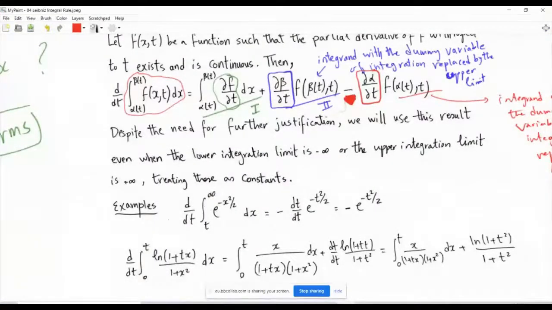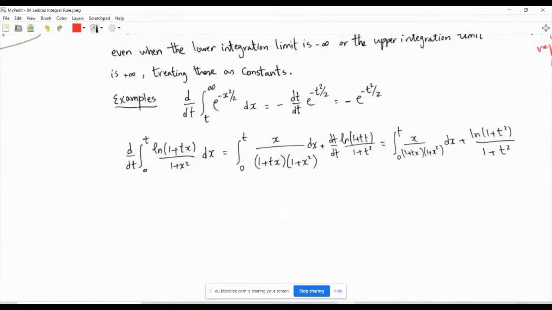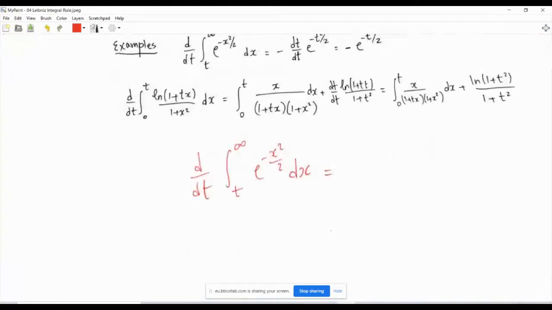Okay, so what is the derivative d/dt? We want to differentiate this one. Here the f of x is not in terms of t as well, right?